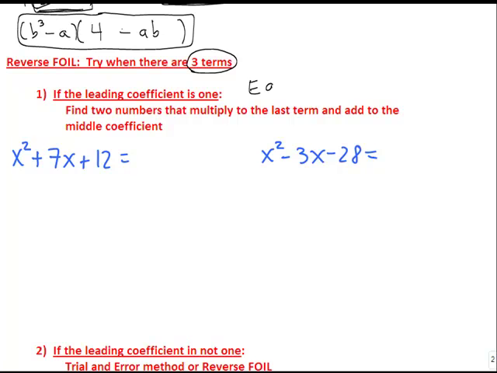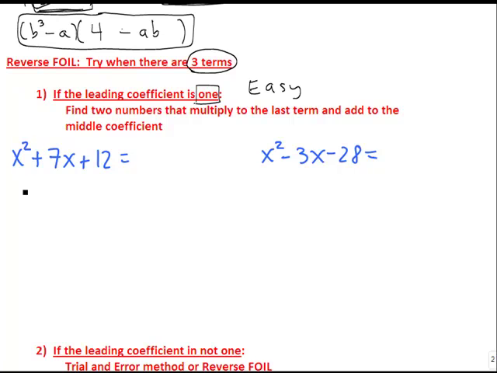So we're going to do the easy case first because this is the case where the coefficient is 1 for that leading term. So wherever you see that x squared term, for example, that leading coefficient here or here has to be a 1. If it is, then we can use our reverse FOIL fairly easily.